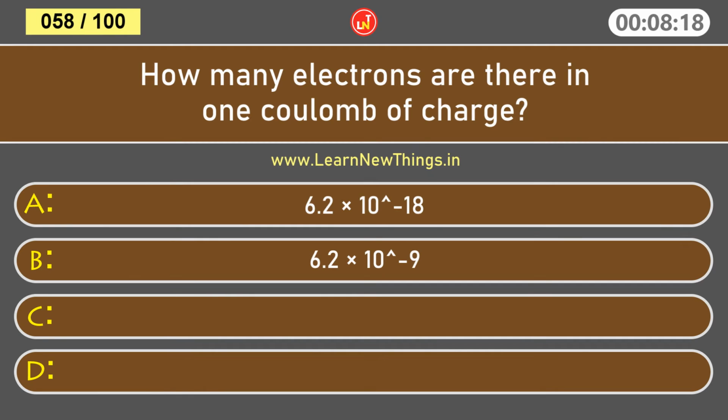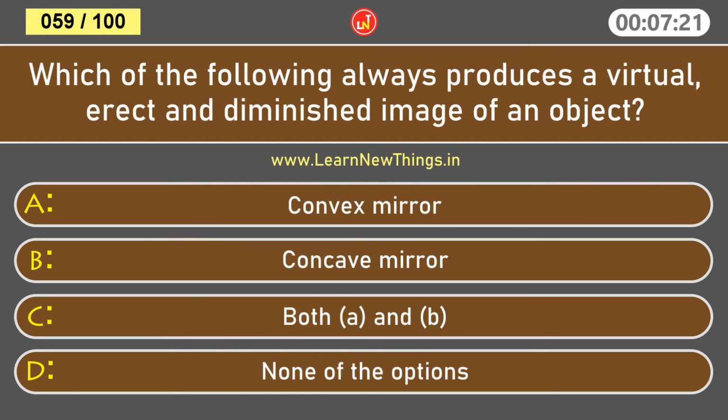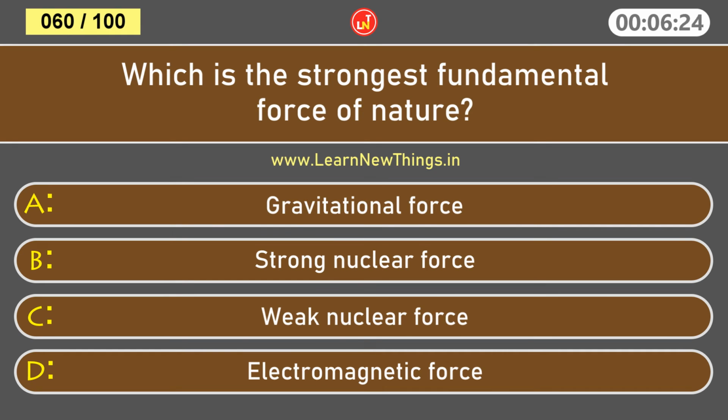How many electrons are there in 1 coulomb of charge? 6.2 into 10 power of 18. Which of the following always produces a virtual erect and diminished image of an object? Convex mirror. Which is the strongest fundamental force of nature?